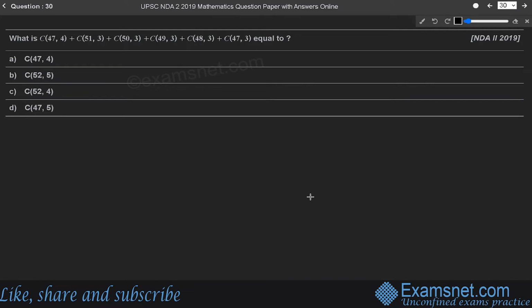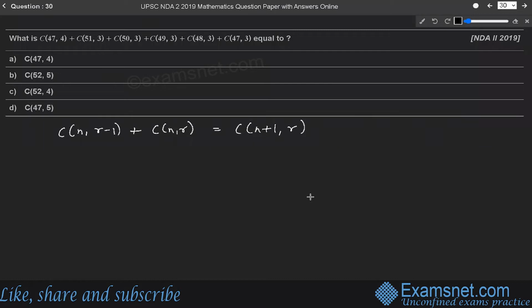Next question is, what is C(47,4) + C(51,3) + C(50,3) + C(49,3) + C(48,3) + C(47,3) equal to? To solve this kind of question, we need to use a very important concept, which is C(n, r-1) + C(n, r) is equal to C(n+1, r).